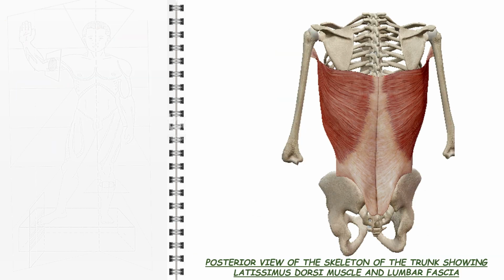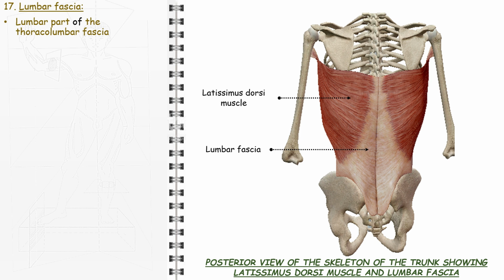The lumbar fascia not only reinforces the posterior abdominal muscles but also arranges the posterior abdominal muscles into layers and compartments. It is the lumbar part of the thoracolumbar fascia. It consists of 3 layers of tough fibrous tissue enclosing 2 muscular compartments. The anterior and middle layers occupy only the lumbar region.